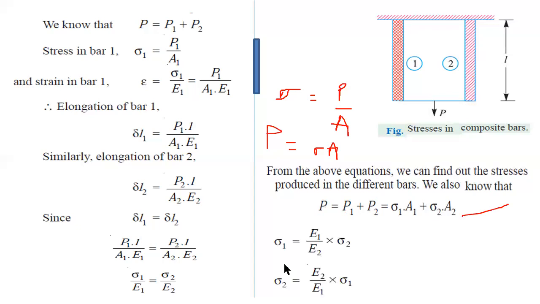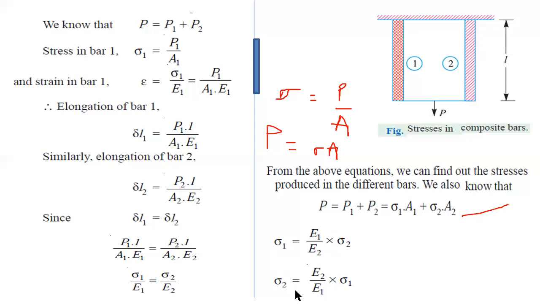And these are other formulas for determining the individual stresses. This is the relation between stresses and Young's moduli. If you want to find the stress induced in bar 1 in terms of sigma 2 and Young's modulus, then E1 by E2 into sigma 2 is the formula for sigma 1, the stress induced in bar 1.